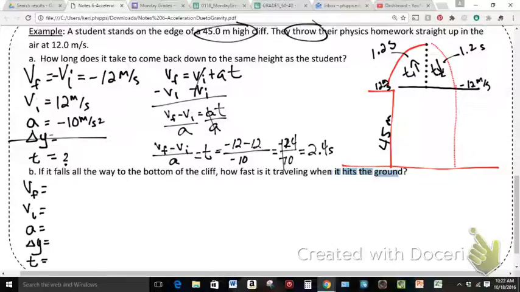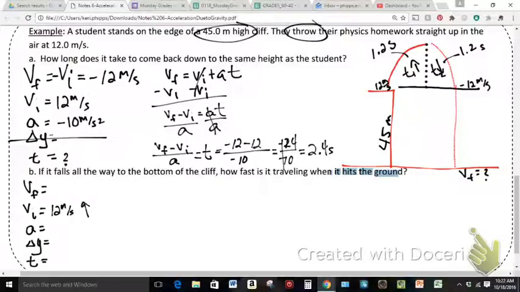Okay, so our initial velocity is going to be a positive 12 meters per second because it is being thrown up. This time we are not going to use that negative 12 because we're not going for that. We are now going for how fast is it going here.